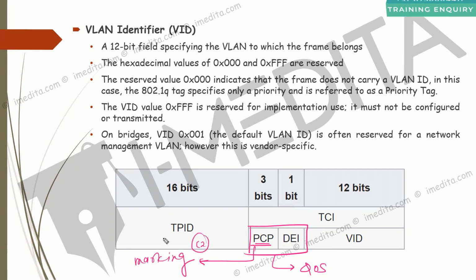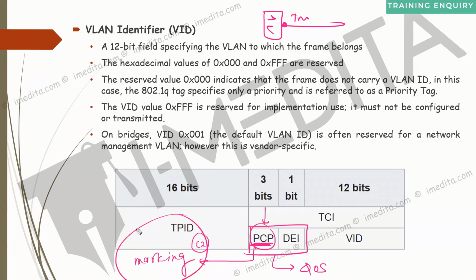Marking at layer 2 is done on trunk links by changing the PCP bits on the frame. When the frame is tagged and sent out of the trunk link, I can define its priority by changing the bits in this PCP field. You can mark the frame for better prioritization using this field.